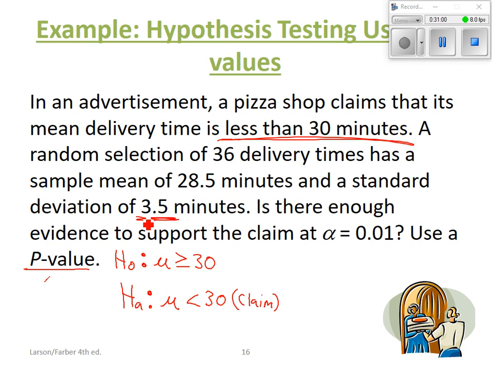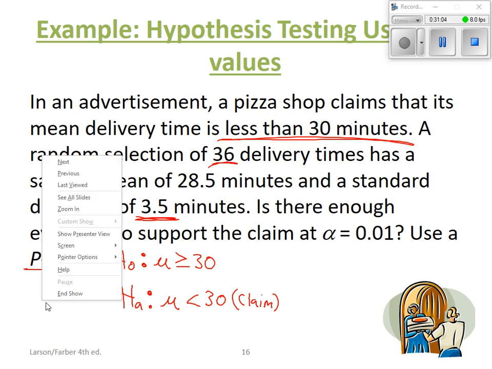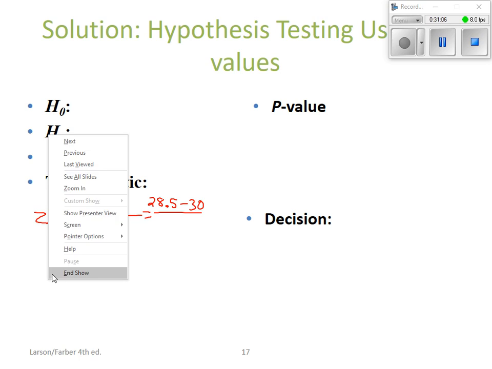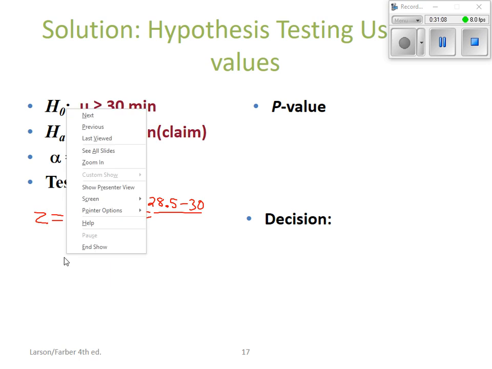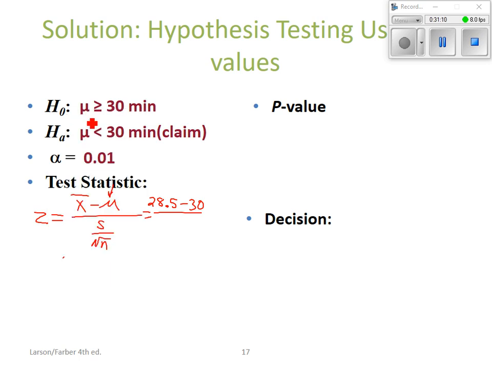S was 3.5, and 36 was our N. So 3.5 over the square root of 36, which is just 6. 27.07. That seems a little high.